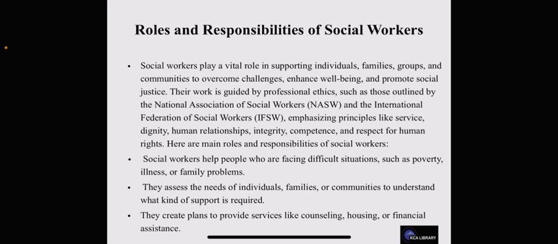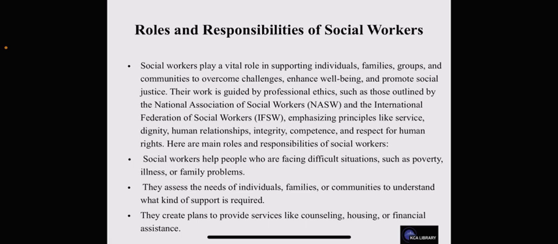Secondly, they are also there to assess the needs of individuals, families, or communities, to understand what kind of support is required. It is not just about rendering support to people, it is about knowing what they need, the kind of support that is necessary for different people.